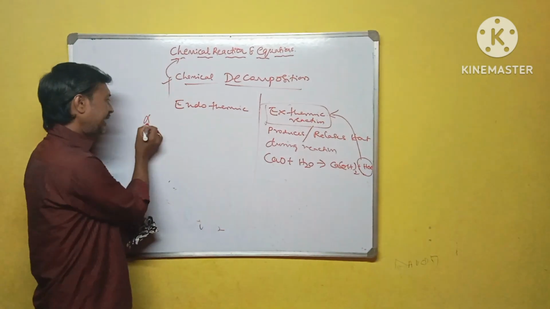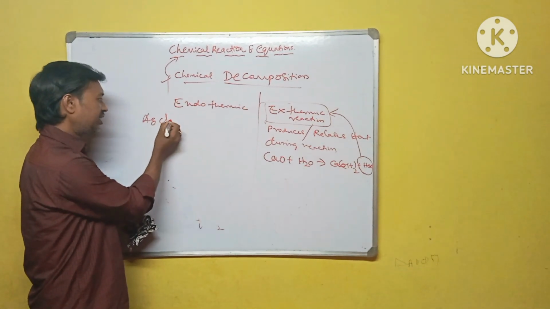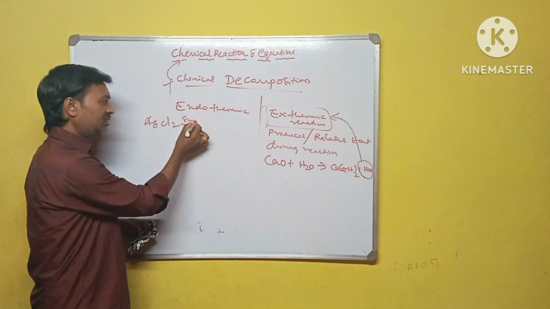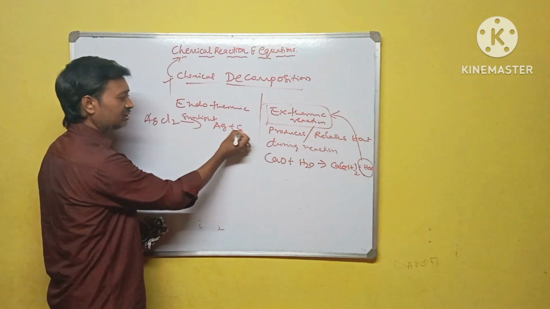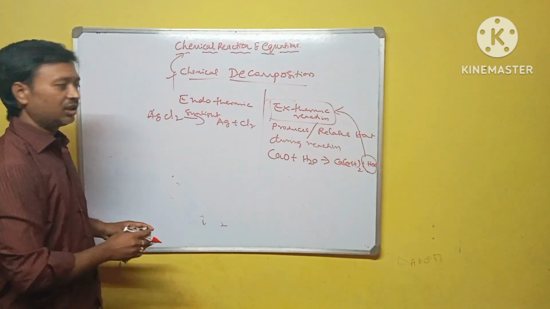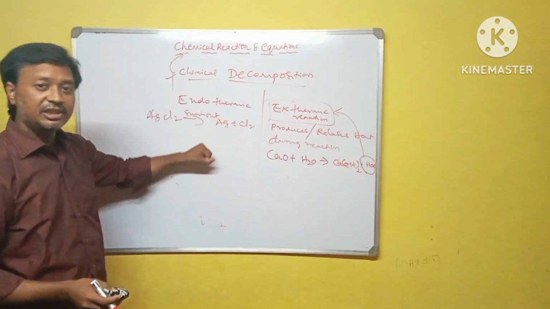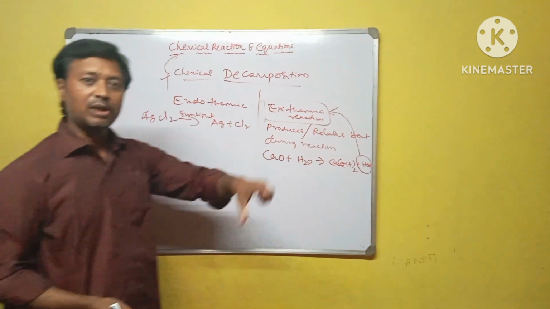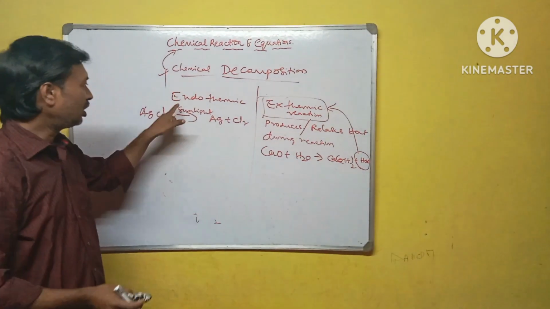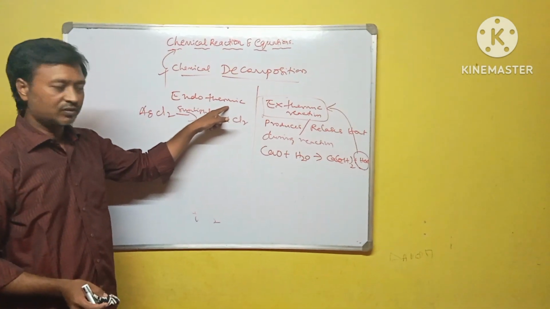Look at this: AgCl in presence of sunlight divides into Ag and chlorine. It absorbs the heat, it stores the heat. The reaction which absorbs the heat or stores the heat is called endothermic reaction.